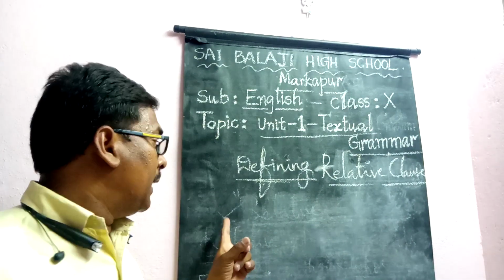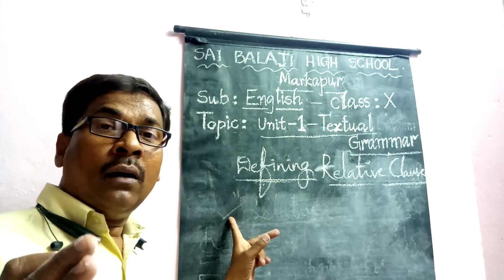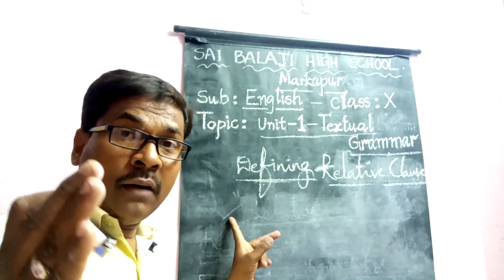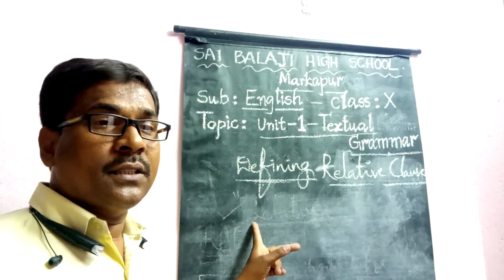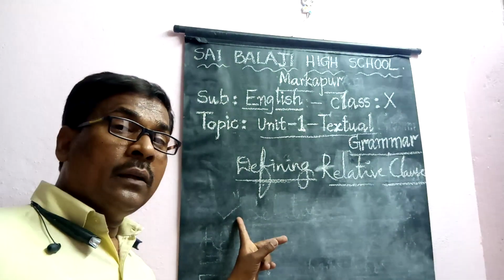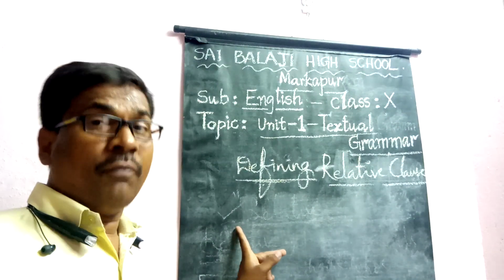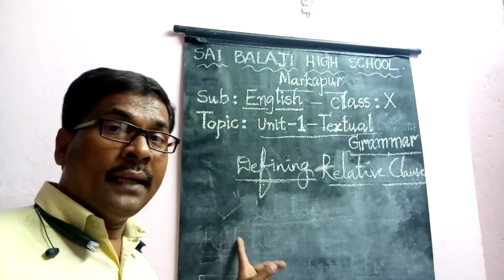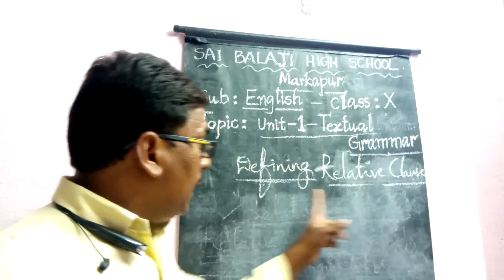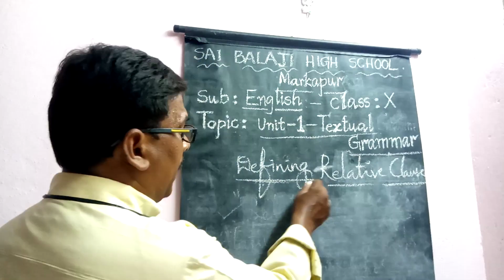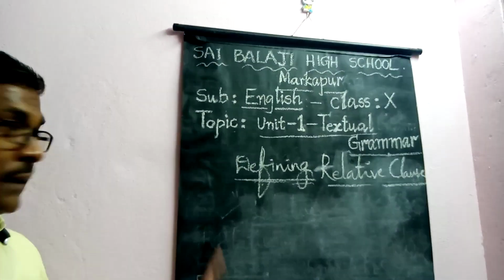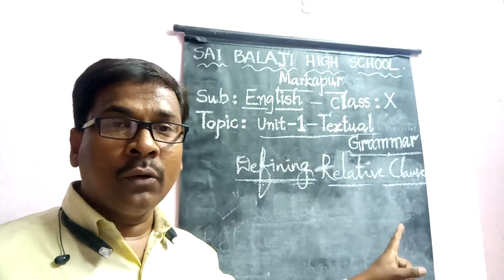Antecedent is nothing but the front part of the sentence. That means the subject part of a sentence is known as antecedent. So a relative clause which defines about the antecedent is called defining relative clause.